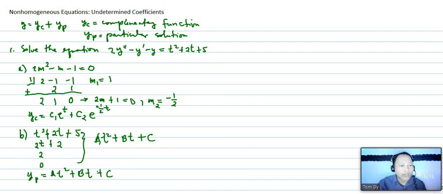Since this is a second-order equation, we will take the derivative of our y sub p up to the second derivative.